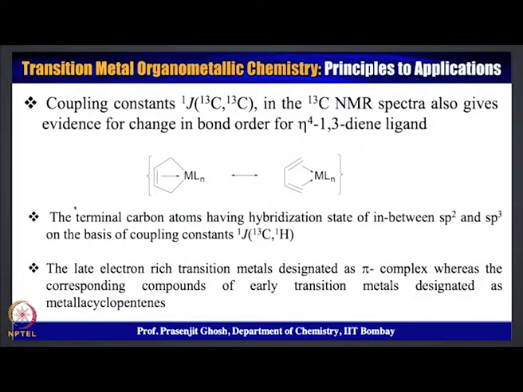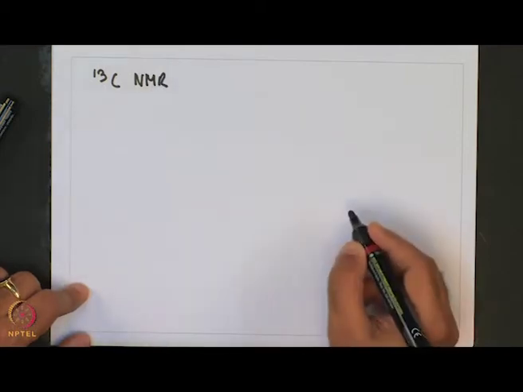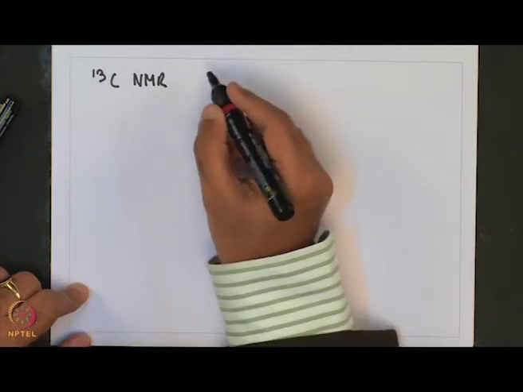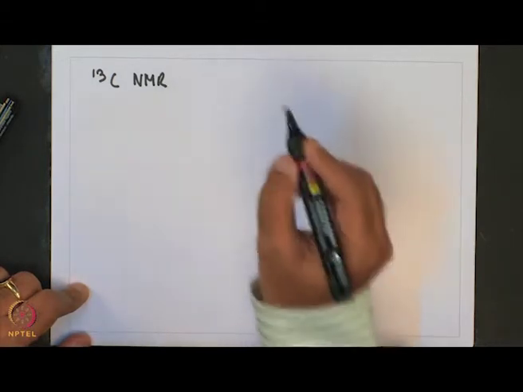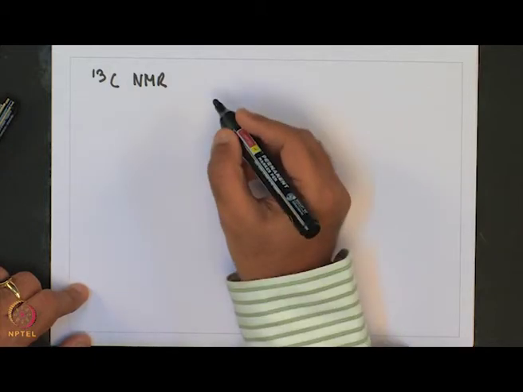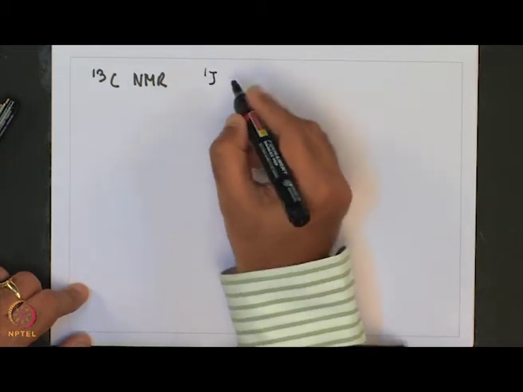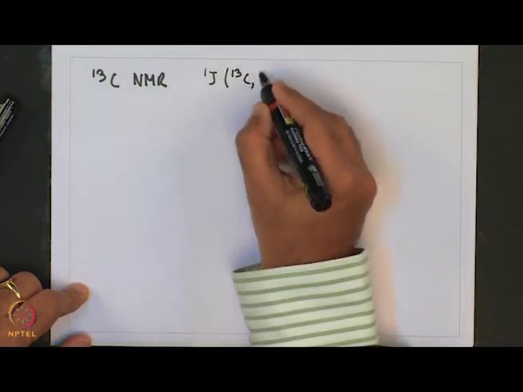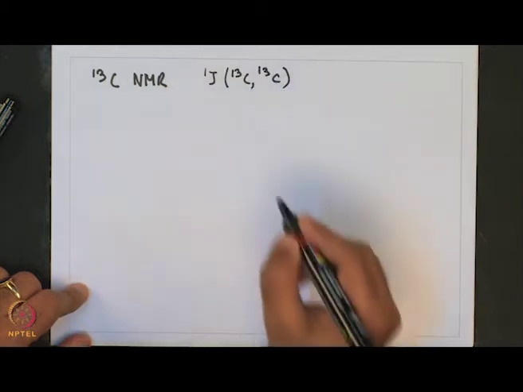And the binding of butadiene to the metal can be characterized by various NMR techniques. For example, carbon NMR is certainly a useful tool for characterizing the binding of butadiene to metal complexes, and the carbon 13 coupling constant is far more useful in ascertaining this binding to the metal.